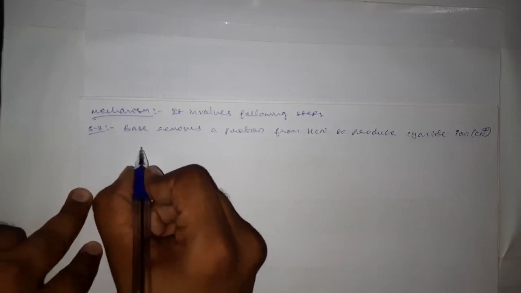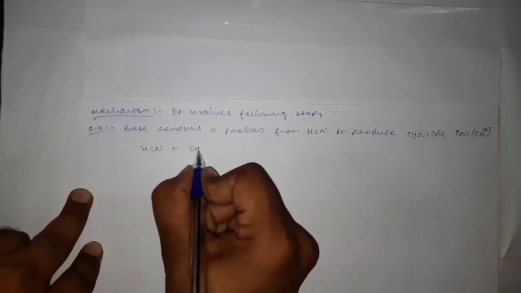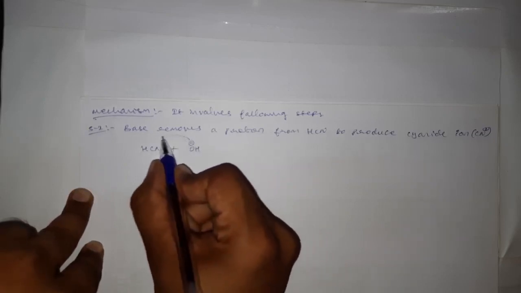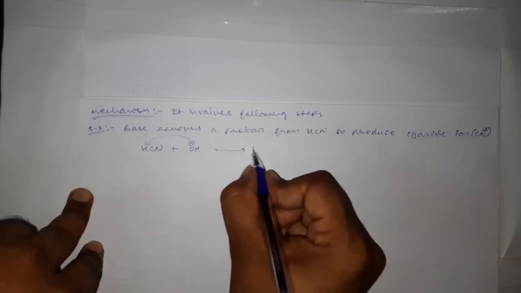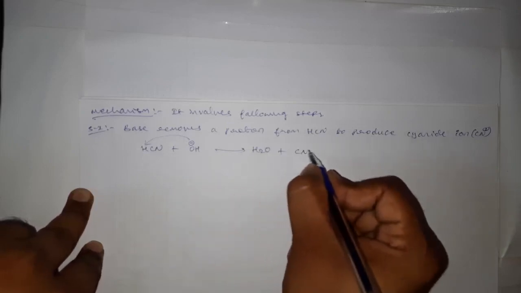In the first step, the OH minus, the hydroxyl ion from the base, will abstract a proton from hydrogen cyanide, resulting in the formation of H2O plus CN minus.